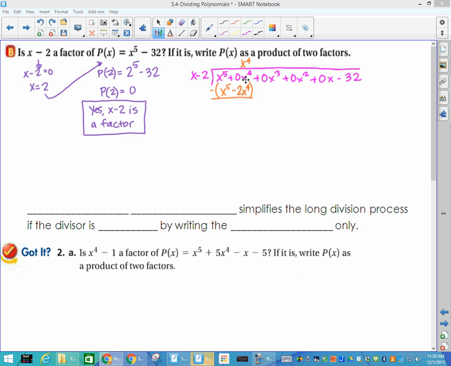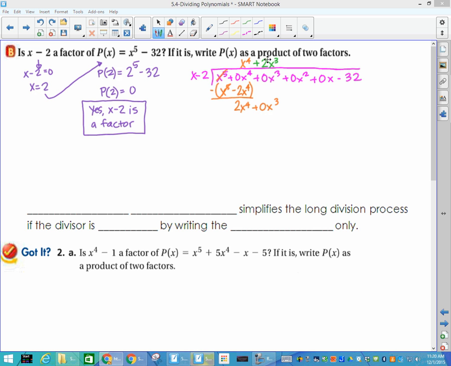So I subtract, and these cancel, and 0 minus a negative 2 is positive 2x to the 4th. Then I'm going to bring down 0x cubed. What do I multiply x by to get 2x to the 4th? That, of course, is 2x cubed.